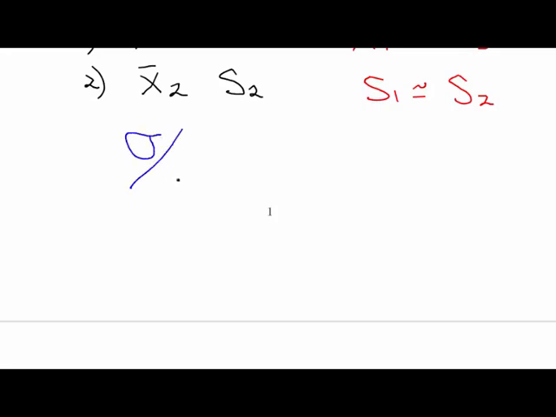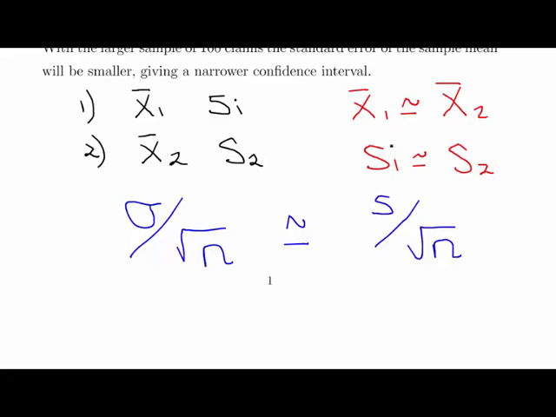So the standard error is sigma divided by the square root of n, and what we do is we would estimate that by s divided by the square root of n. Now here s is pretty much a value, let's say that both sample standard deviations are roughly equal to s, okay? That essentially is just using s to signify a rough approximation of the sample standard deviations in both cases, okay?